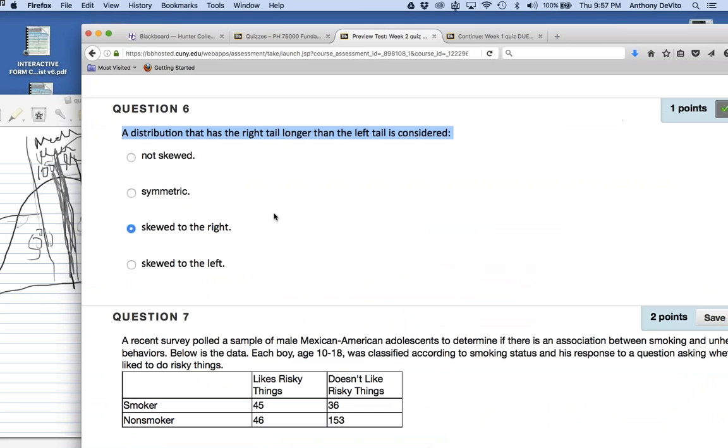So that's skewed to the right. Had they been really skinny and there were extra people down at the left-hand side, then it would have been skewed to the left, or negatively skewed.